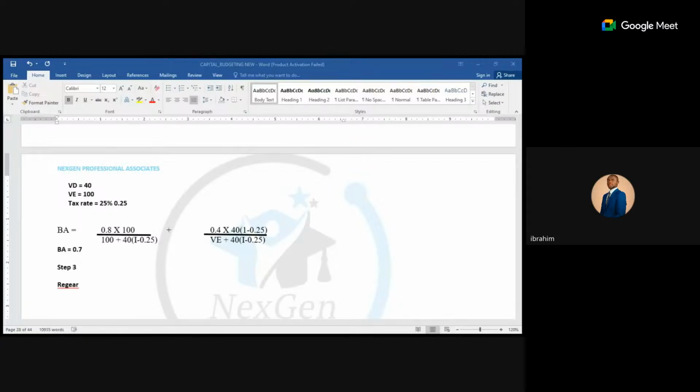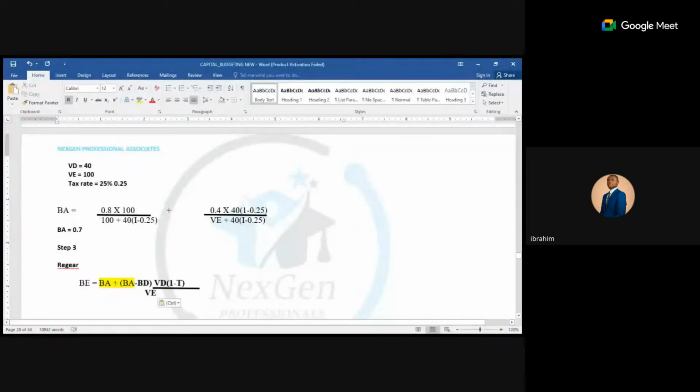BE equals the asset beta, BA, which should be 0.7.